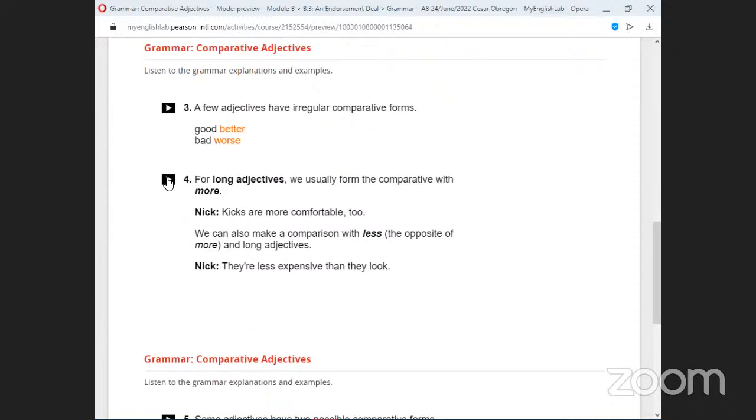Okay, four. For long adjectives, we usually form the comparative with more. Kicks are more comfortable too. We can also make a comparison with less, the opposite of more, and long adjectives. They're less expensive than they look.